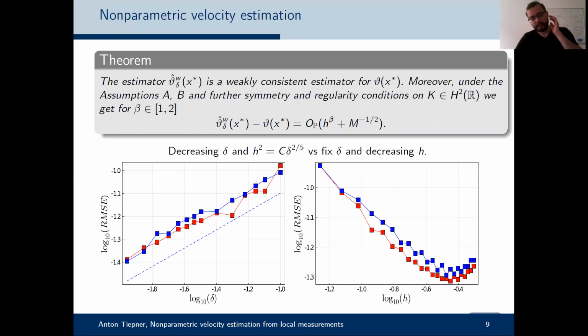And if we minimize this with respect to delta for beta equals 2, then we end up with convergence rate in dimension 1 of delta to the power 2 over 5, which can be seen on the left-hand side, where we compare two different kernels satisfying the extra assumptions. And if we fix delta and only decrease h, then we can observe the classical bias variance trade-off on the right-hand side in non-parametric statistics.